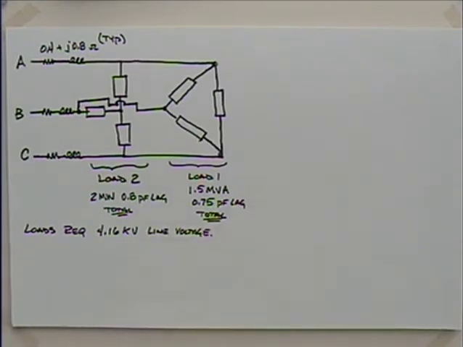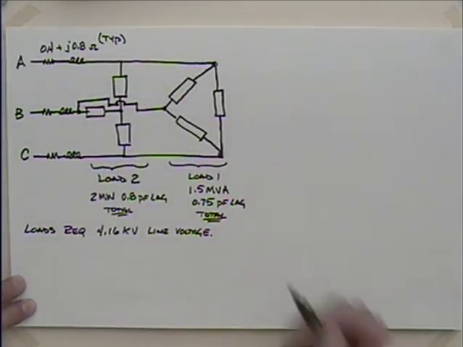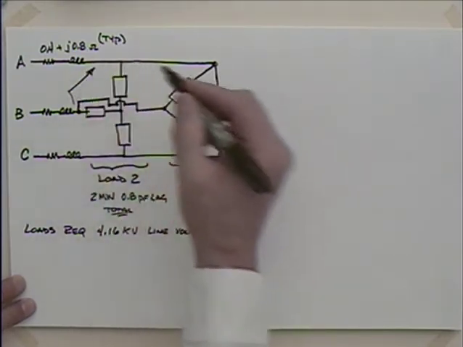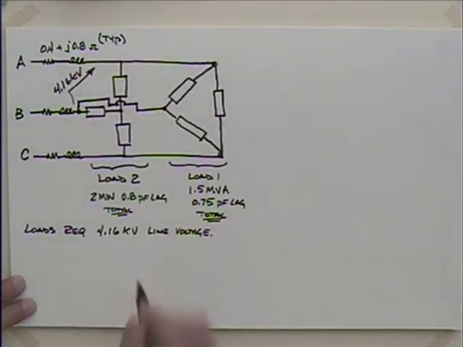And we're told the loads require 4.16 kilovolts line voltage. So that's going to be the voltage across there. It has to have a magnitude of 4.16 kilovolts, prior to the drop, or after the drop if you're thinking of coming from the source.